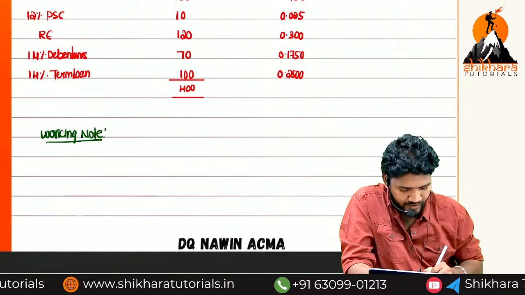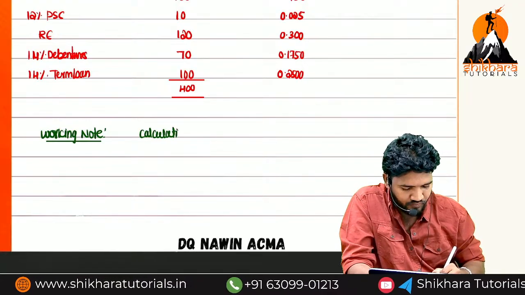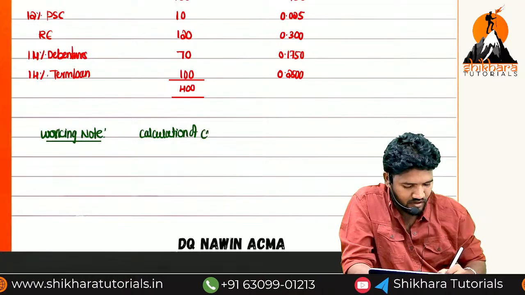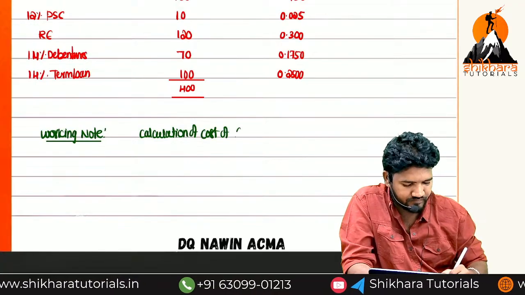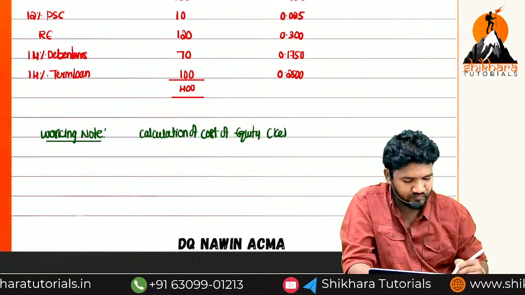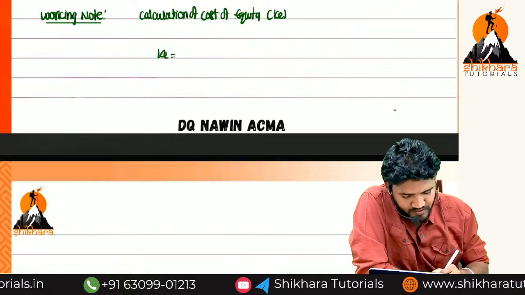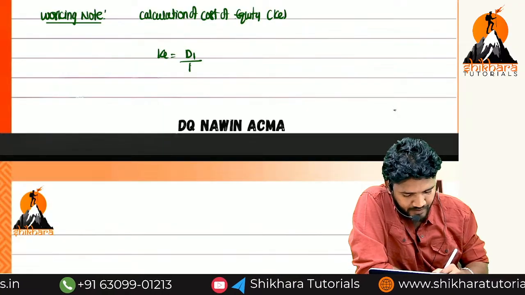So what about the working note, ma? Calculation of cost of equity. K equals D1 divided by P0 plus growth.